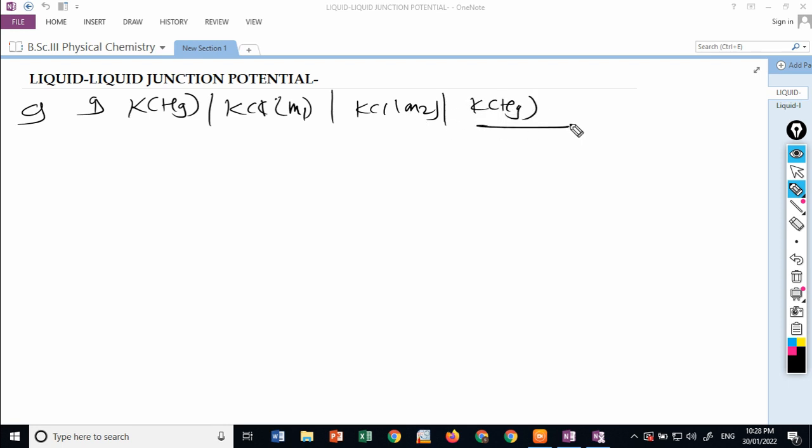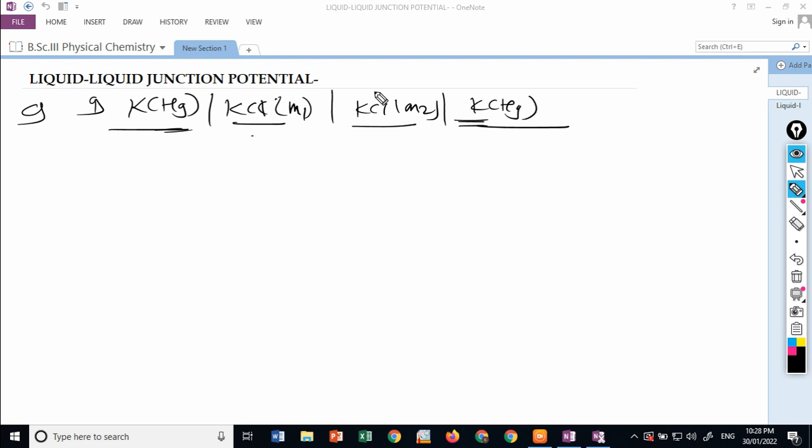So here is the potassium amalgam electrode, with KCl electrolyte of molality M1 and KCl electrolyte of molality M2. Here the electrodes are reversible to the cation, because we have used the potassium amalgam electrode.